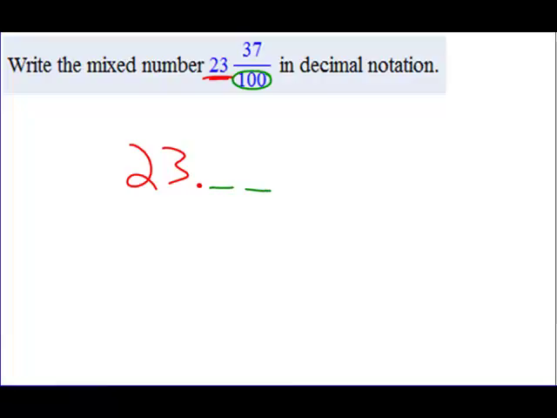And then you take the numerator and fill in those decimal spots. So 23 and 37 hundredths would be 23.37.